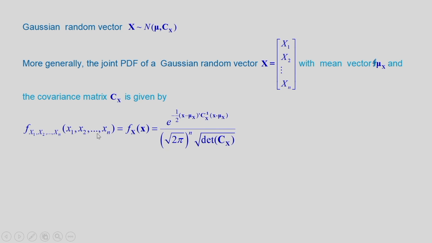This is the expression for the joint Gaussian PDF: exponential minus half of x minus mu x transpose Cx inverse, where Cx inverse is the inverse of the covariance matrix, into x minus mu x. And the normalizing factor is root over 2 pi to the power n into determinant of the matrix Cx. Cx is a matrix and we can find the determinant of Cx. So, this is the joint Gaussian PDF of n random variables.